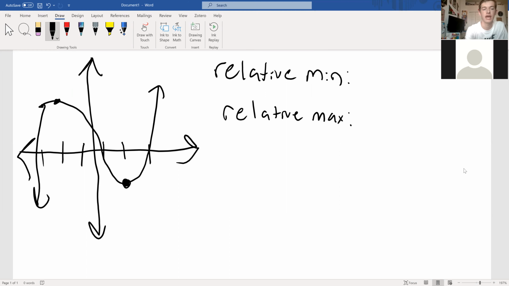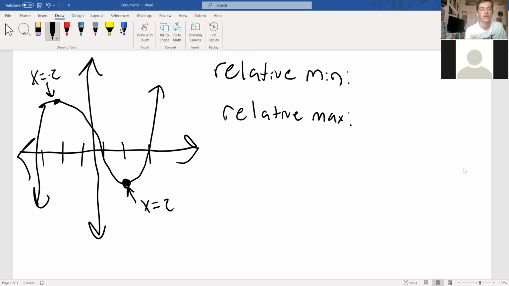If it's at a peak, it's going to be one of your relative maxes. If it's one of your dips, it's your relative minimum. You could also think of it this way: if it switches from increasing to decreasing, it's a max, and if it switches from decreasing to increasing, it's a minimum. Then you just observe at what x value this is happening. This one is happening at x equals 2, and this other one is happening at x equals -2.